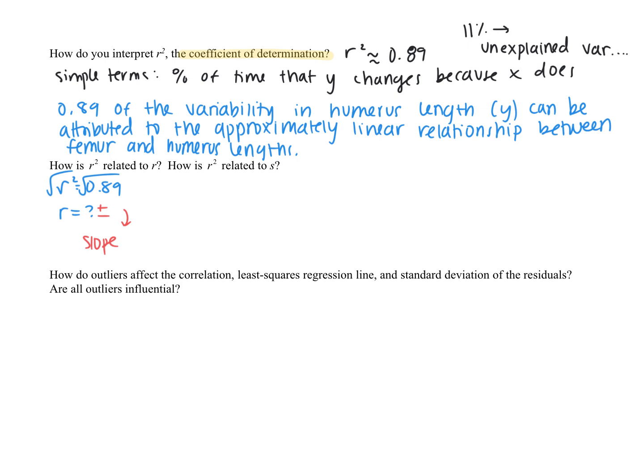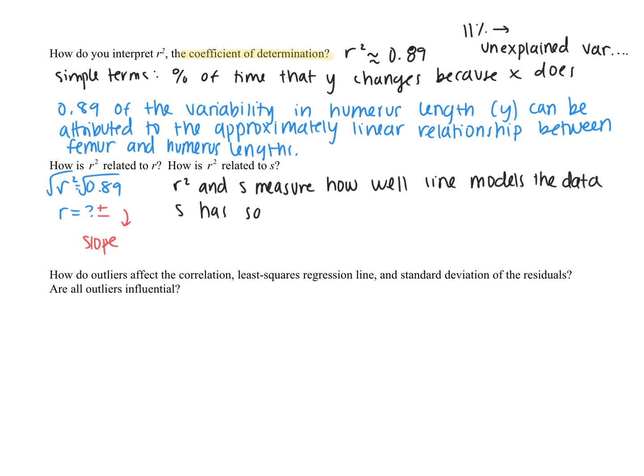R squared and s are related. Both r squared and s measure how well our line models the data. Here are some differences though. S has the same units as y, our response variable.